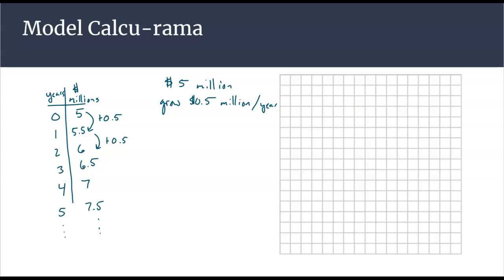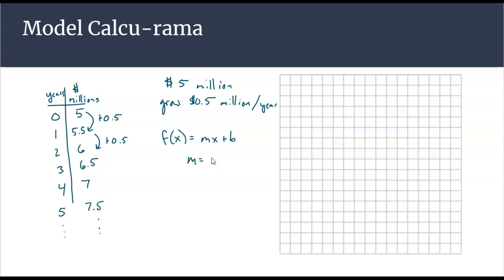Now we could keep listing those out all the way out, but if we wanted to estimate at 20 years or at 30 years, that would take kind of a long time to write out. It'd be really annoying. And we used equations to make that process easier. So this is an arithmetic sequence. We're adding at each step. We know that our form for arithmetic is going to be mx plus b because it's linear.